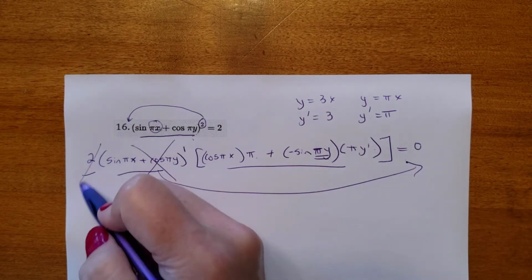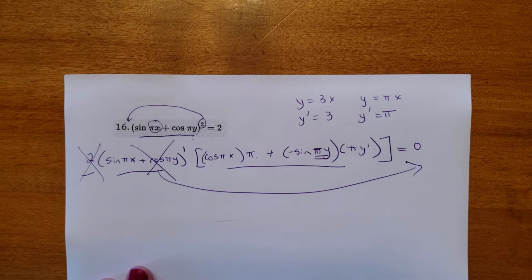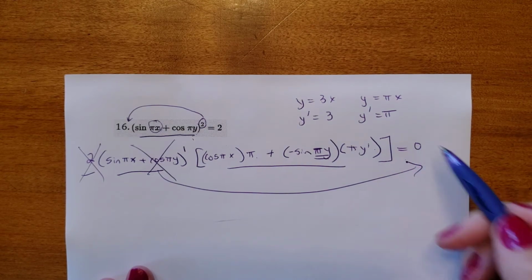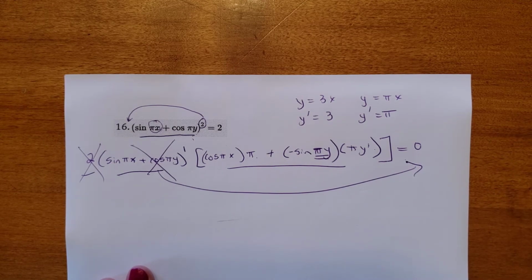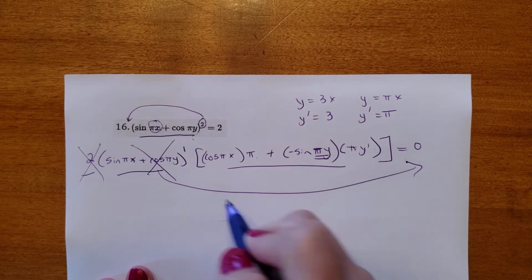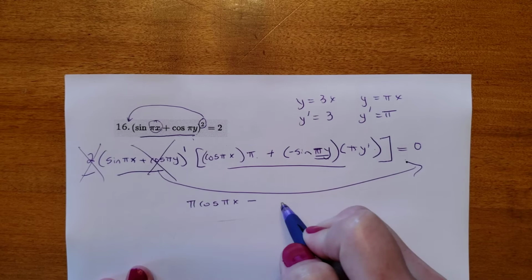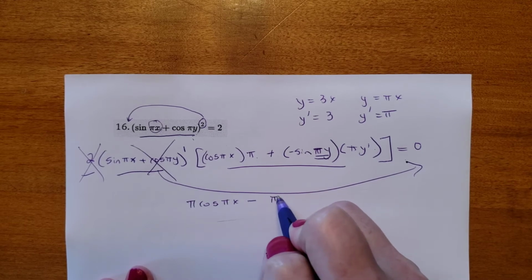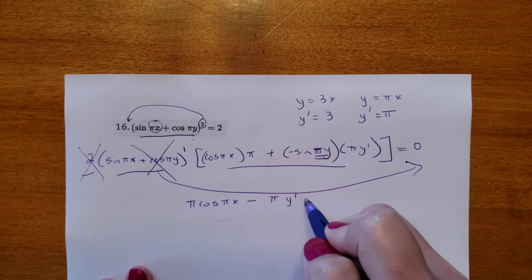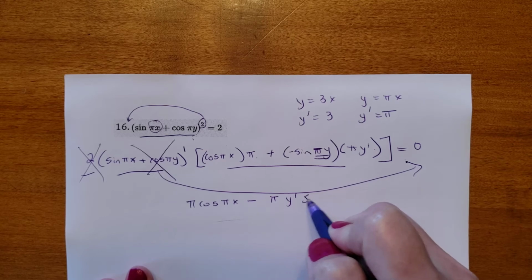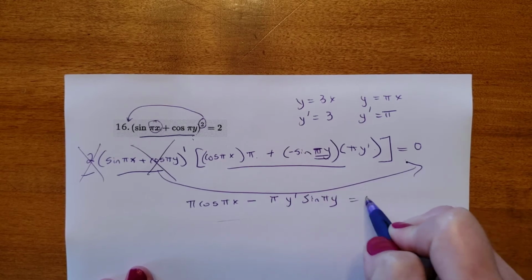And we'll divide by the 2. It's gone because 0 divided by that is 0. So that leaves pi cosine pi x minus pi y prime sine pi y equals 0.